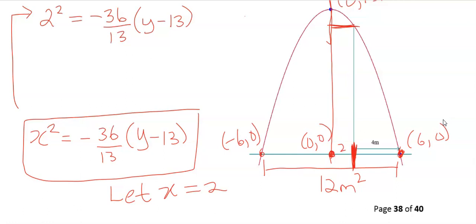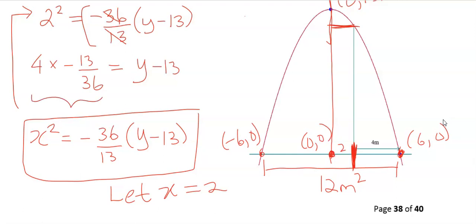Multiply both sides by the reciprocal of negative 36 over 13. So that's going to be 4 multiplied by the reciprocal of negative 36 over 13, which would be negative 13 over 36. See? Is equal to, and now it would cancel on this side, and all you have is y minus 13.